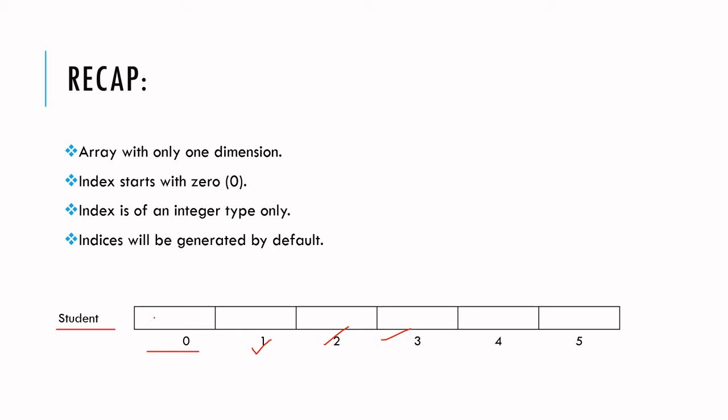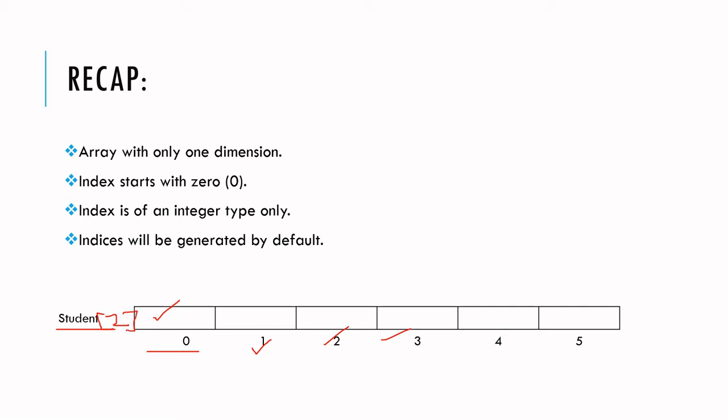If I wish to access the element of the first cell, I should type student of 0. And if I wish to access the third element, I have to type student of 2.